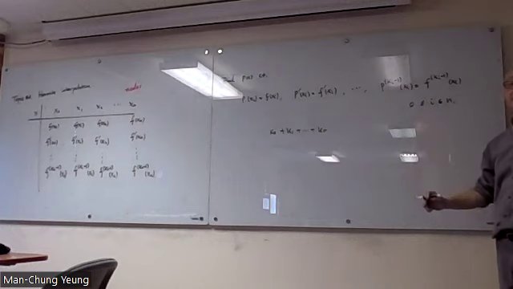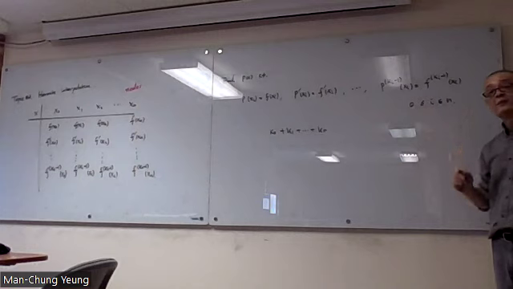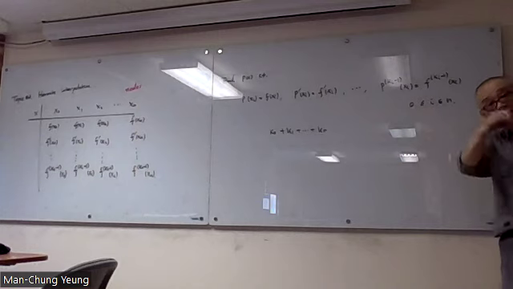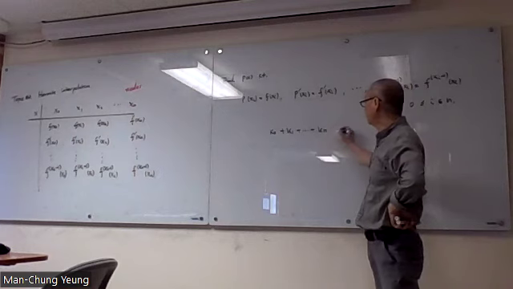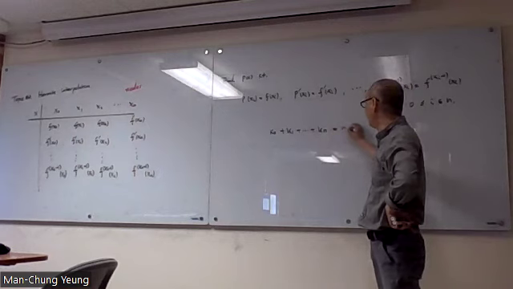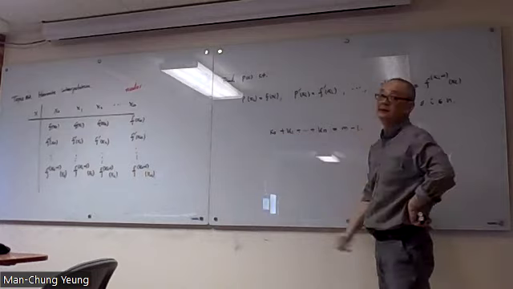The polynomial p, I want the degree to be as small as possible. What should the degree be? Set the total number of equations to be m plus 1.